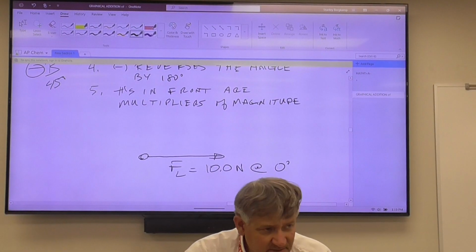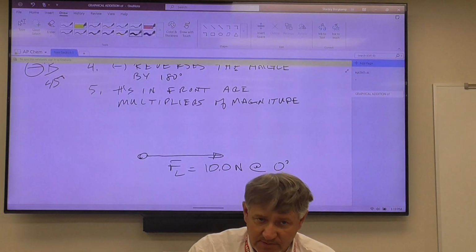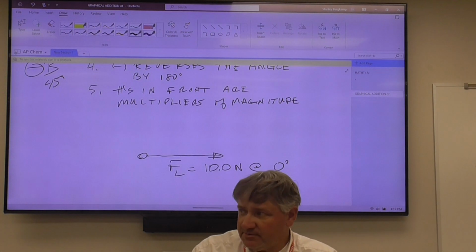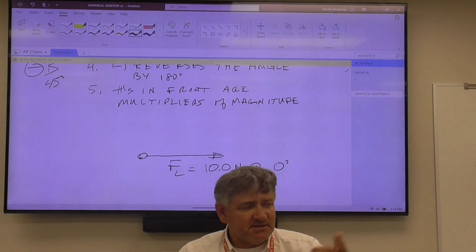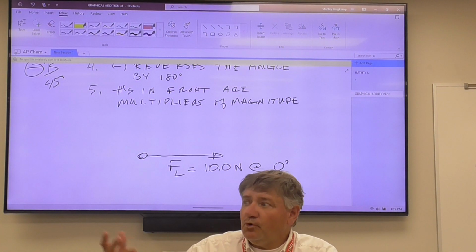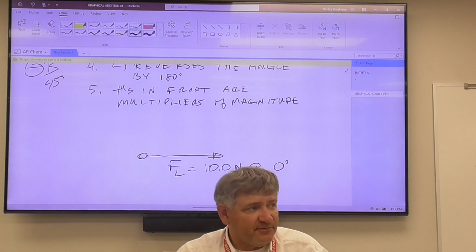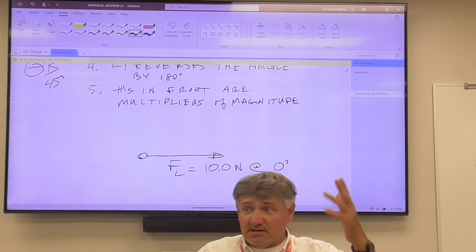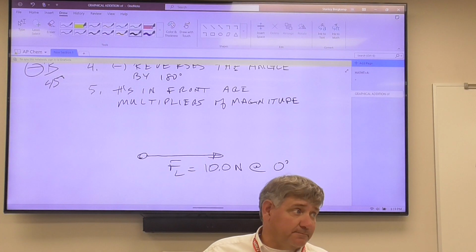Now, these are vector quantities. So what are the two things that it has to have? Magnitude and direction. If I just tell you that Luke pulled at 10 newtons, cool. It's not enough information. I don't know which direction that he's pulling. Is it at 0? Is it at 90? Is it 350? I don't know.